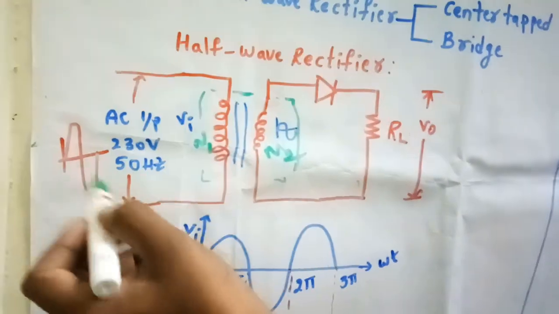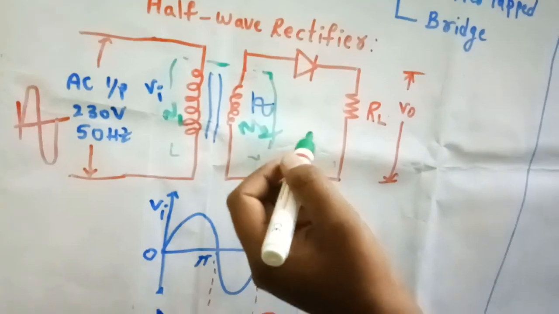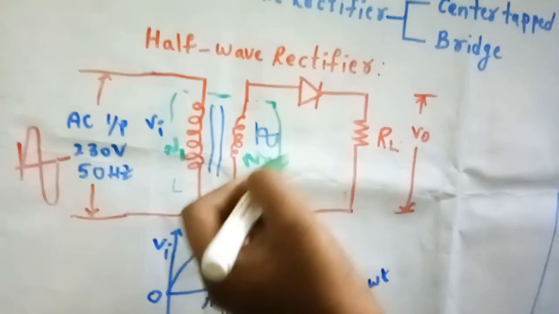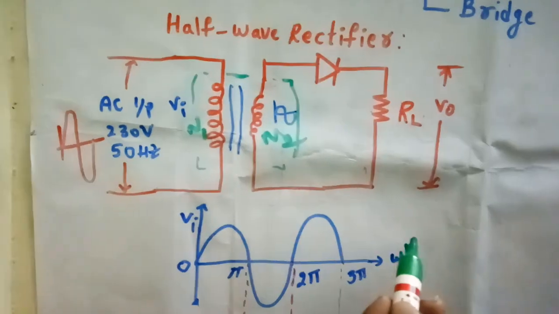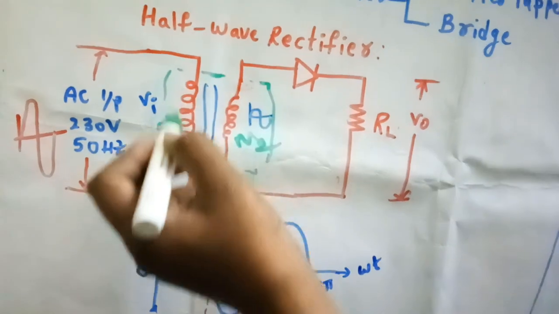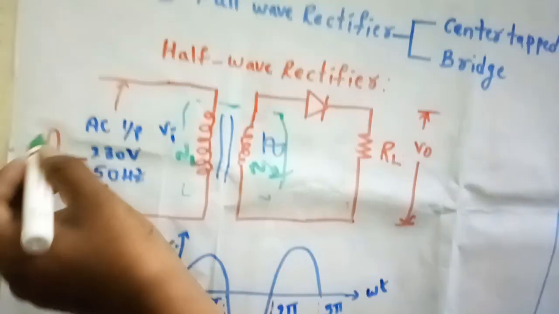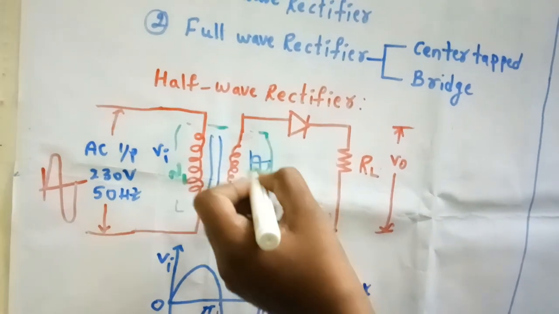So these 230 volts can be converted into a lower AC voltage, based on the secondary windings. So here we are using a step down transformer, and the 230 volts AC, or VI, is converted like this.